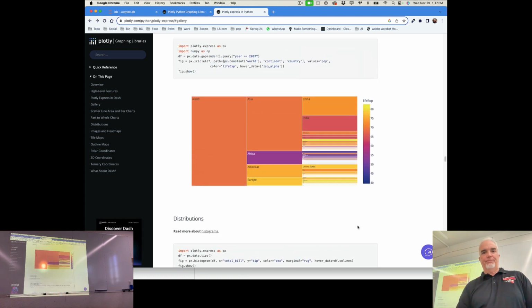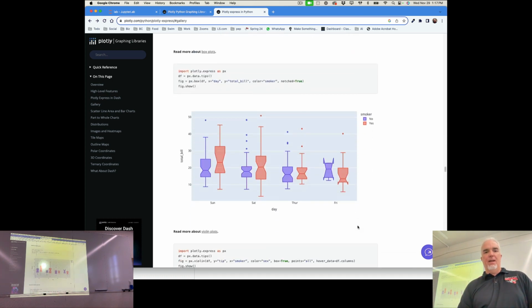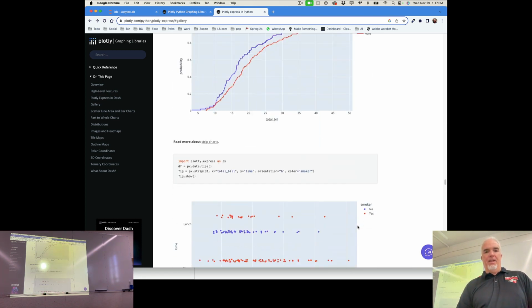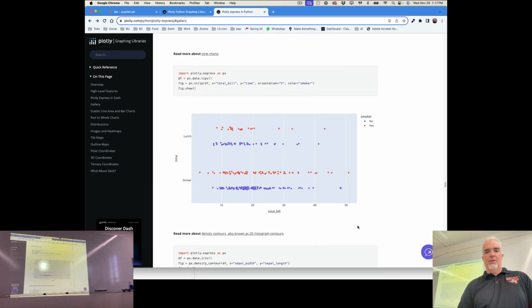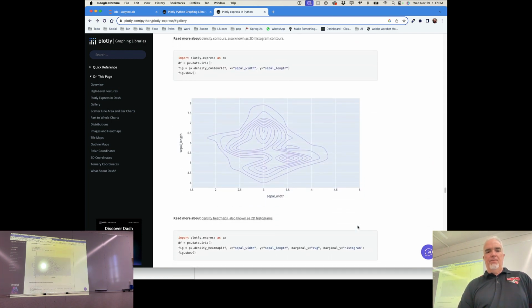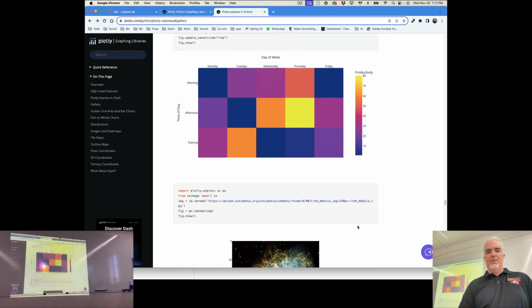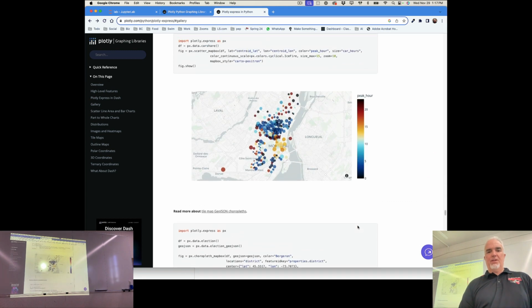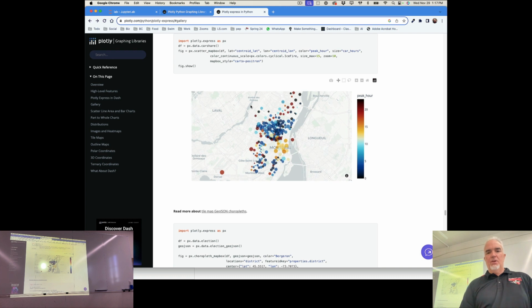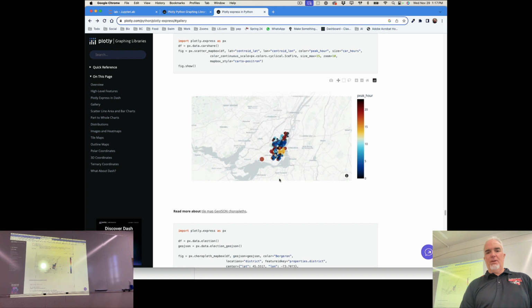Very interesting stuff. Okay, so we've got lots and lots of different things, line charts, we've got maps, heat maps. You can put pictures in there, and then you can attach these. You can attach data to an actual map of a region.